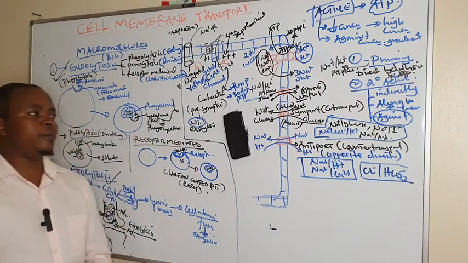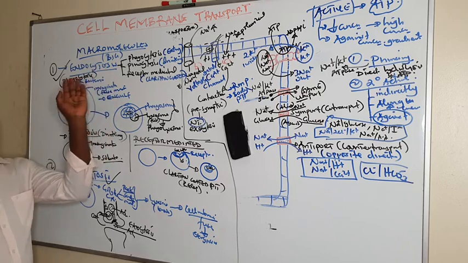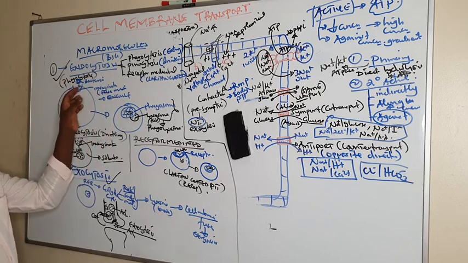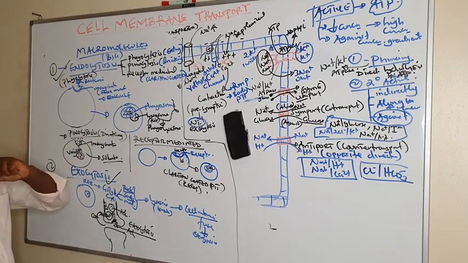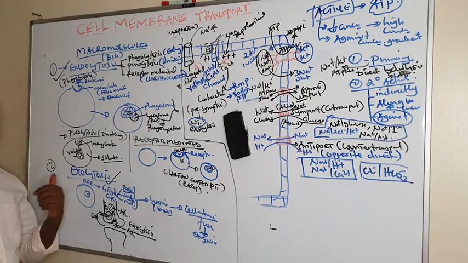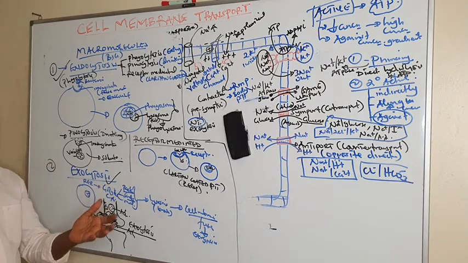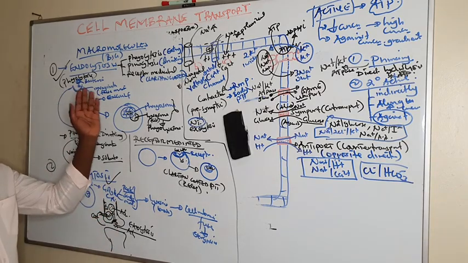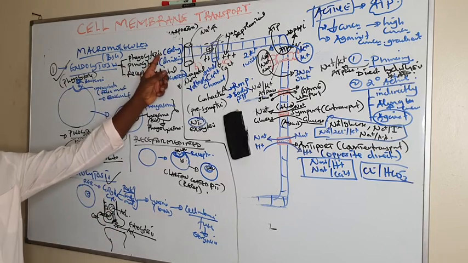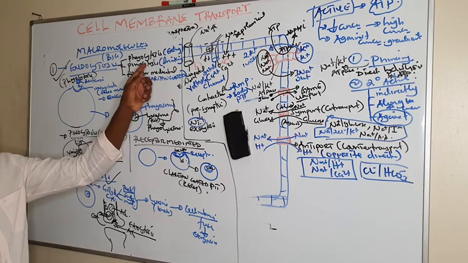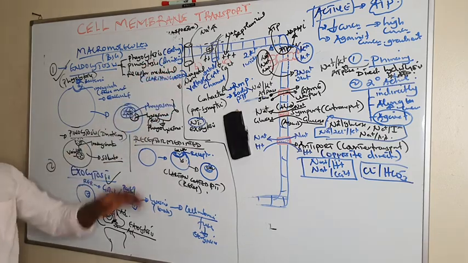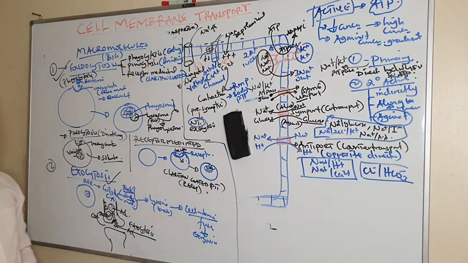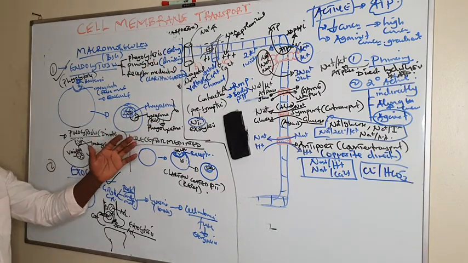Thank you so much for learning with us. Hope you remember the transport of macromolecules, whereby we are looking at endocytosis, that is taking inside the cell, or exocytosis, taking outside the cell. We have said endocytosis is divided into phagocytosis, which is cell eating, pinocytosis, cell drinking, then receptor mediated endocytosis, and we have seen the mechanisms.